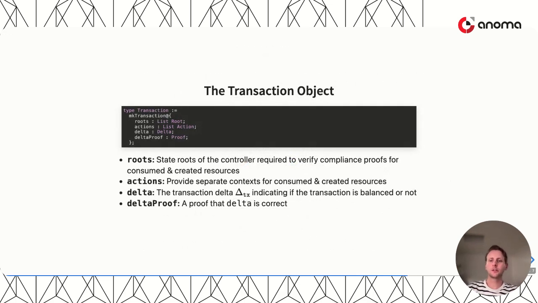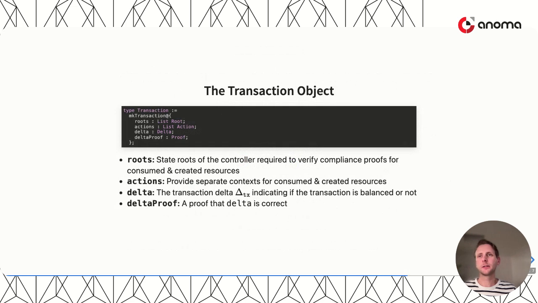Let's look at the transaction object in detail, what it actually contains. So there are 4 fields. There is a roots field in which the state roots of the controller are put that are required to verify that the resources that are created and consumed already existed or didn't exist before.